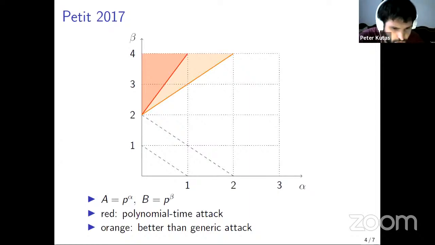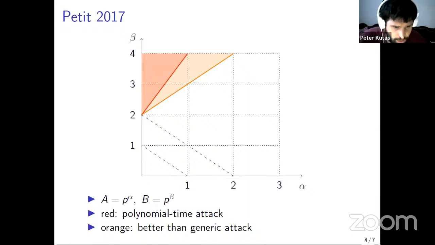There are two special dotted lines. The line connecting the two ones corresponds to SIDH-like parameters, where A times B is roughly P. And the dotted line connecting the two twos corresponds to B-side-like parameters, which is a variant of SIDH, where P squared is roughly A times B. I emphasize that these are SIDH-like and B-side-like parameters because they're not necessarily balanced as in SIDH or B-side.